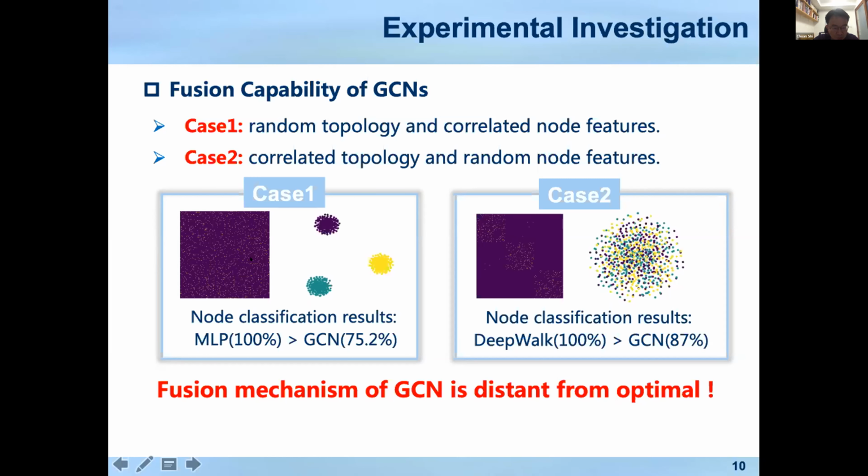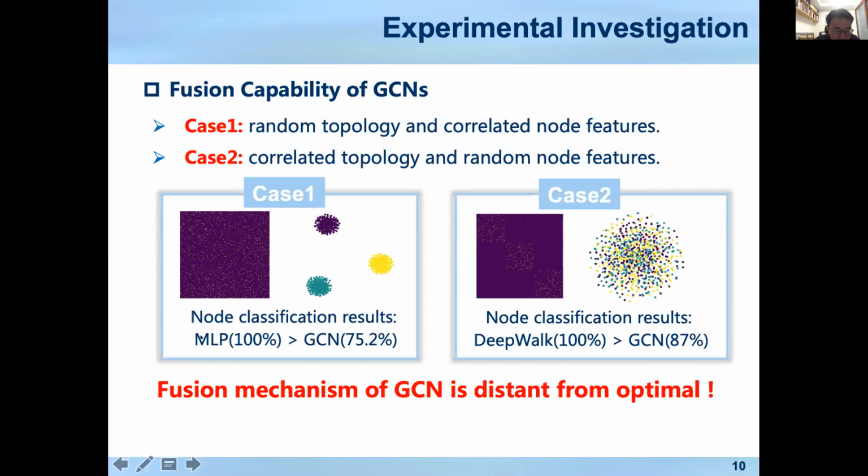In this case, we run the MLP and GCN for node classification. We can find that the MLP achieved 100% accuracy, while the GCN only has 75% accuracy.